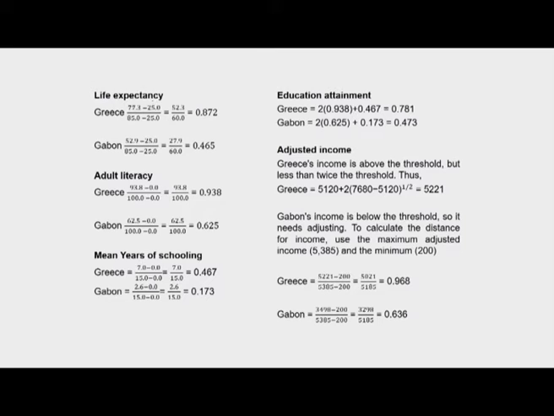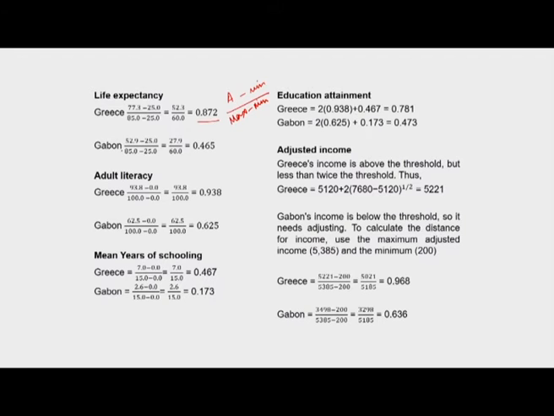So here, actual minus the minimum divided by maximum minus minimum gives the life expectancy value of 0.872.